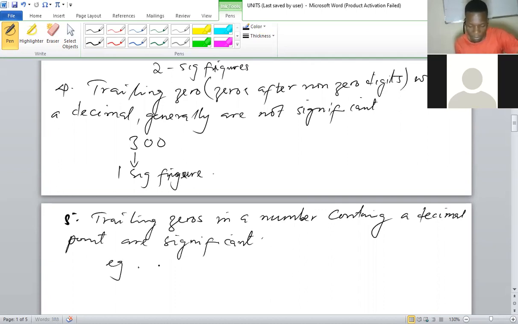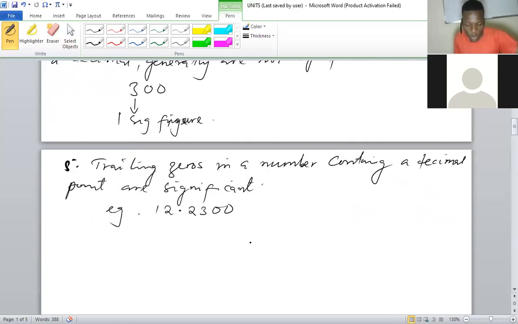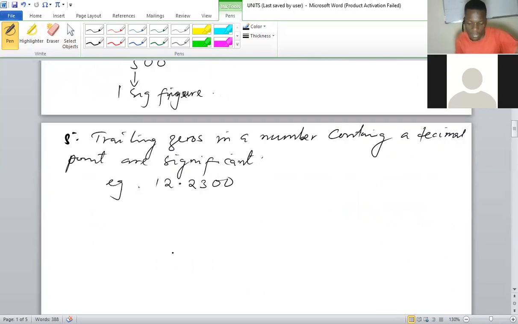So if we have maybe 12.2300, all those zeros are considered to be significant. The 2 zeros there are considered to be significant. Why? Because of the decimal point that is existing here. So here we're going to have 1, 2, 3, 4, 5, 6 significant figures. 6 significant figures.